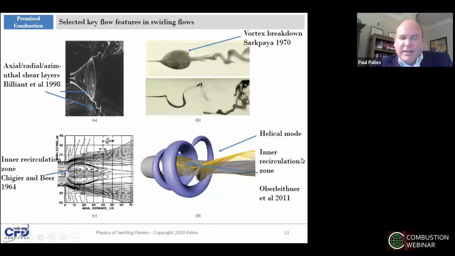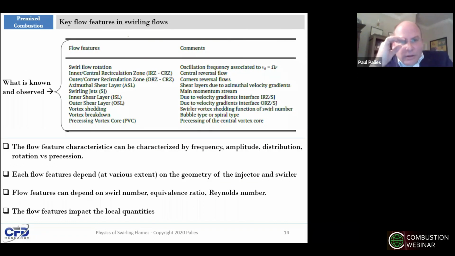And more recently, the bottom right is a helical mode and inner recirculation zone identified by Oberleithner et al. And all these structures can be present in swirling flow and swirling flame, not necessarily all at once, but they all drive the local contributors that we discussed before.